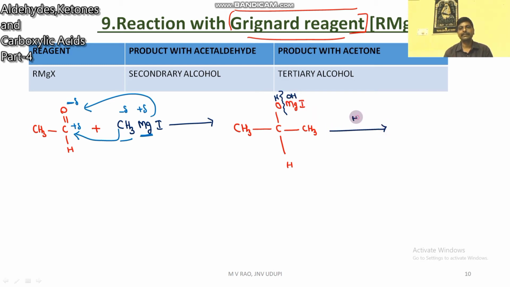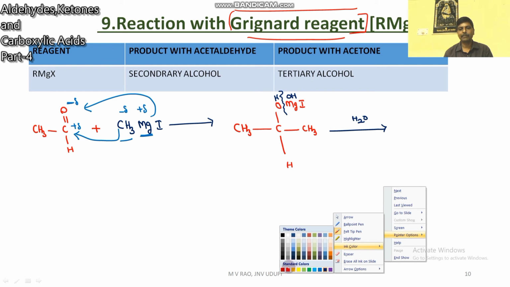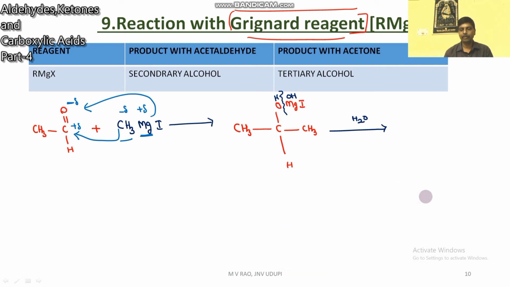This intermediate on hydrolysis means by adding H2O. What is the final product? CH3, CH, CH3, OH plus MgIOH. What is this alcohol? Isopropyl alcohol. It is a secondary alcohol.